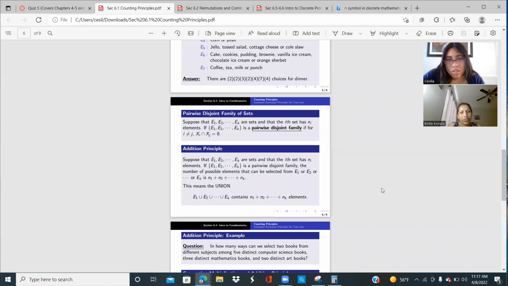This means the union E sub 1 union E sub 2 union up to E sub k contains n sub 1 plus n sub 2 plus n sub k elements.